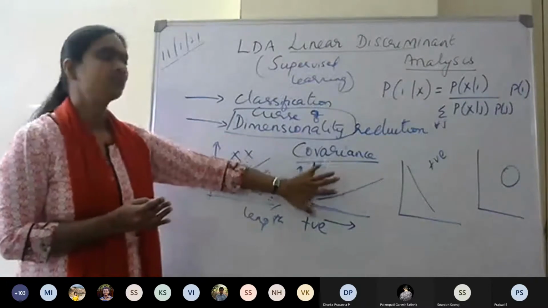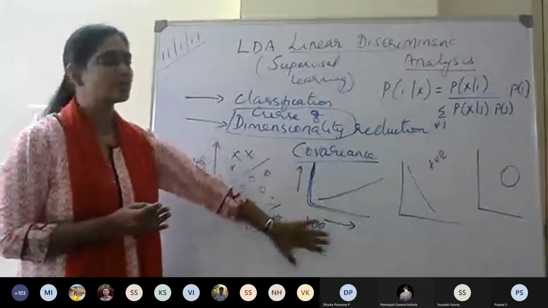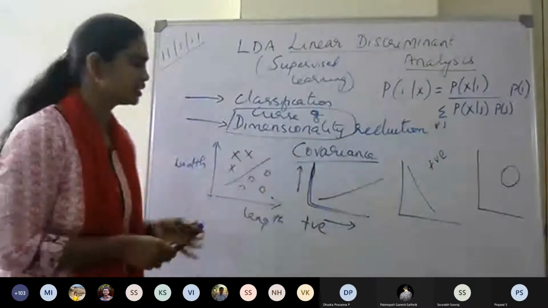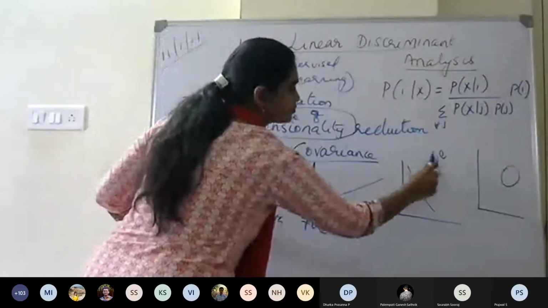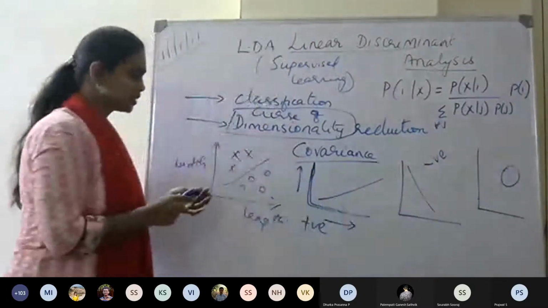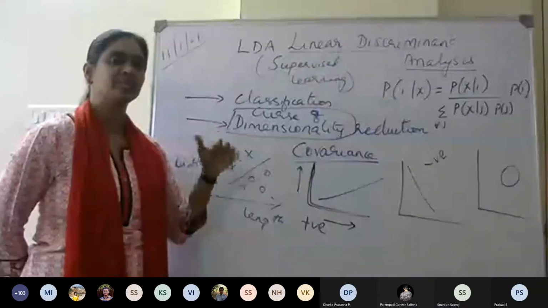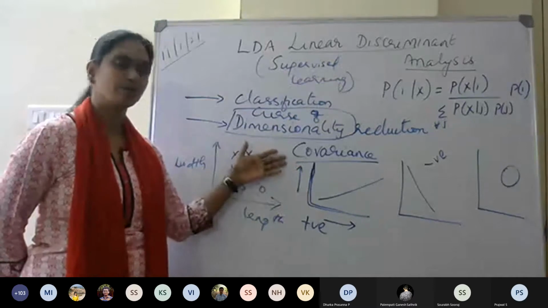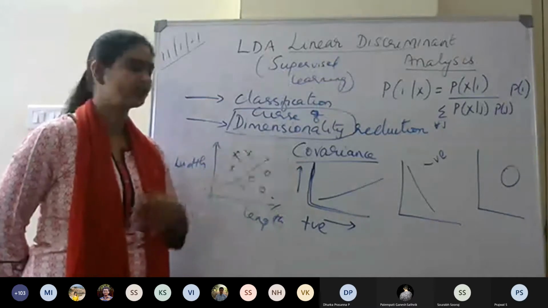So we can only talk about positive covariance or negative covariance. Okay. So this covariance is important in terms of our analysis using LDA or PCA. We are going to have a deeper understanding about this covariance in future.